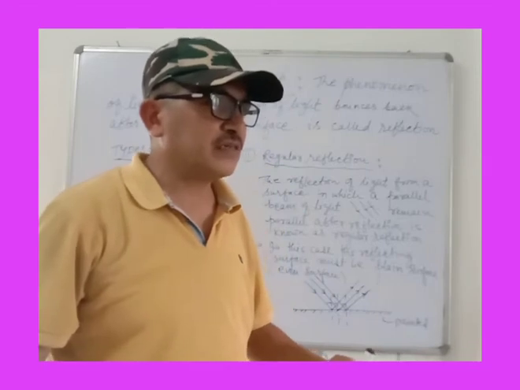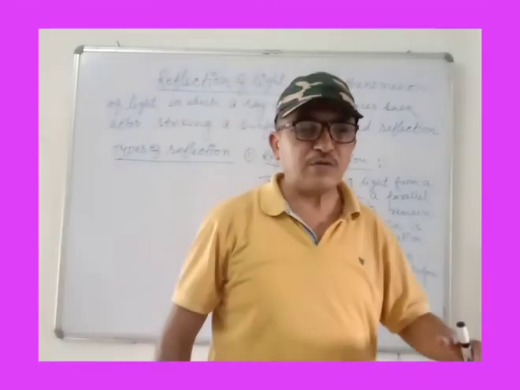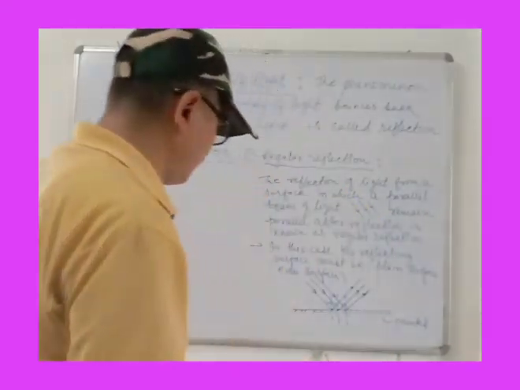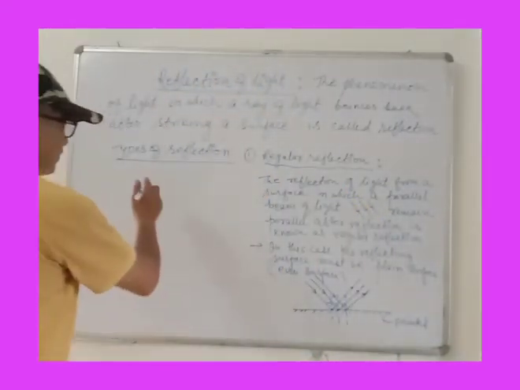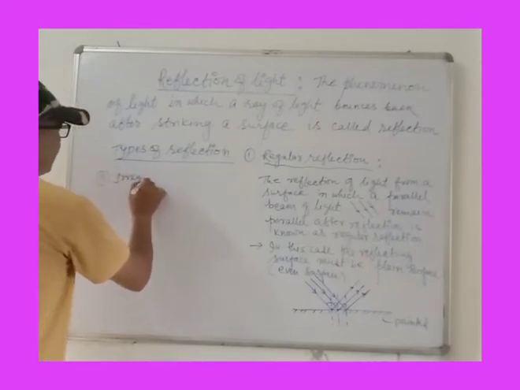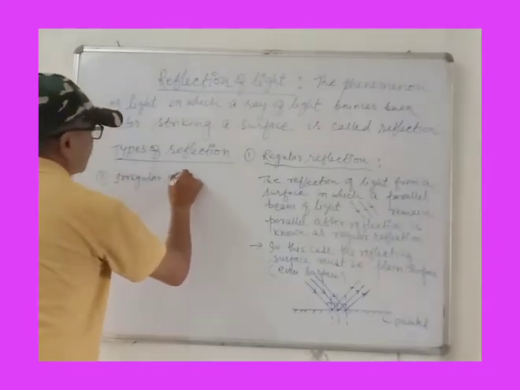The maximum reflection that is useful, and by which we can see the objects around us, is due to irregular reflection. So what is irregular reflection? Second, irregular reflection.